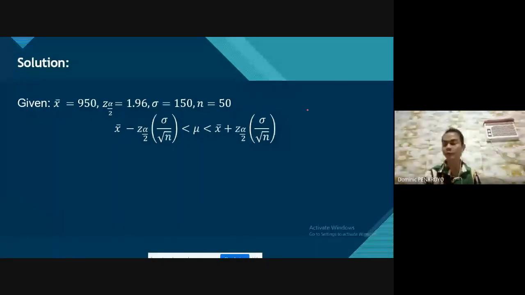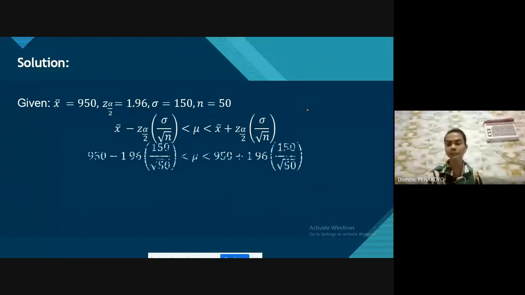So again, substitute. We already have all the given. Substitute and then use your calculator to compute. So you have approximately 908.42 for the lower limit and 991.58 for the upper limit.